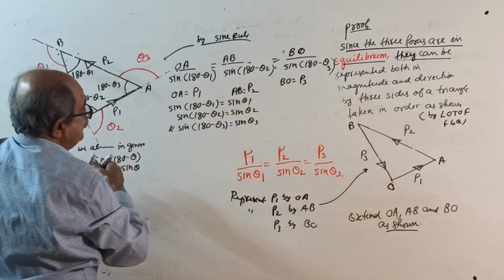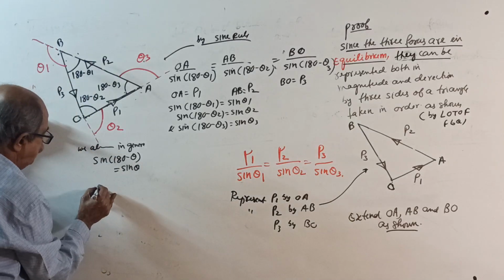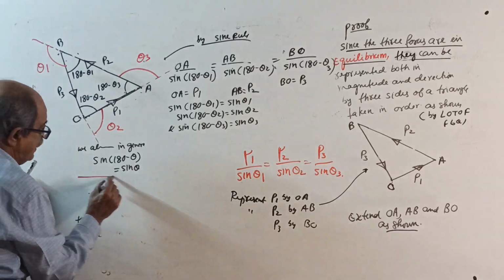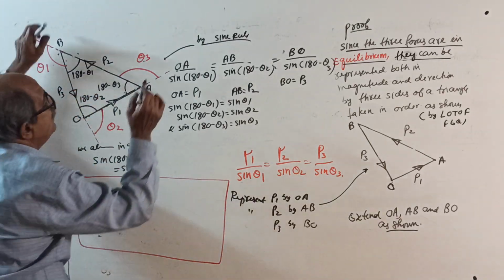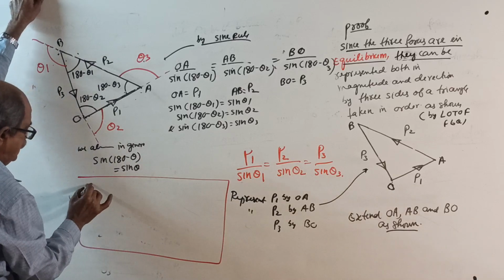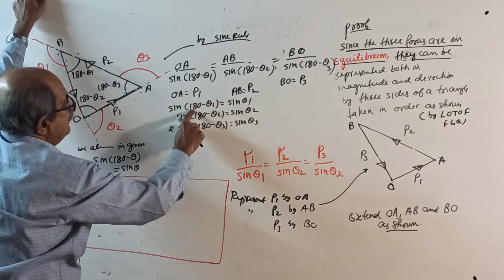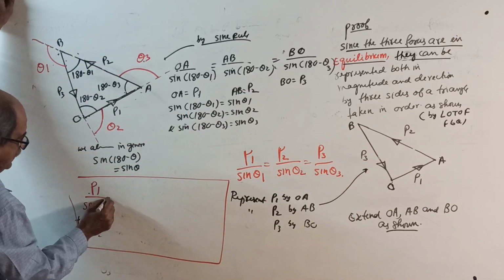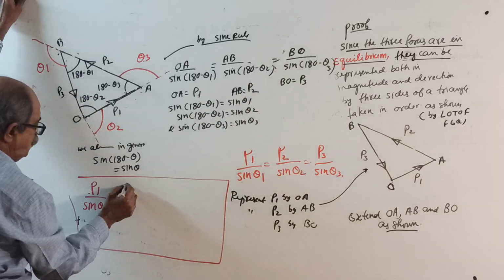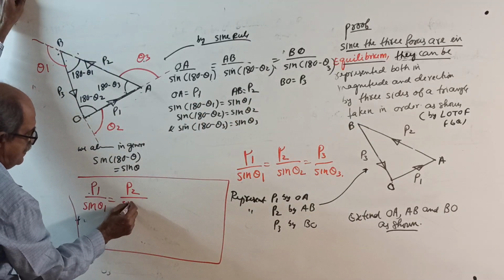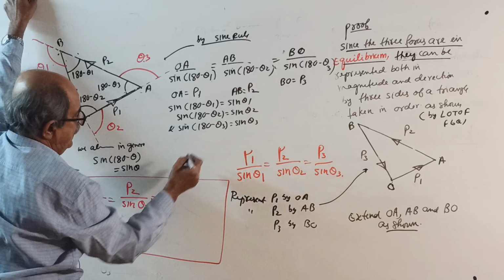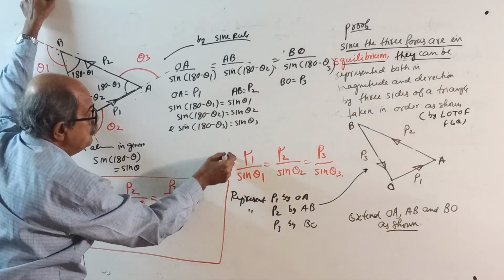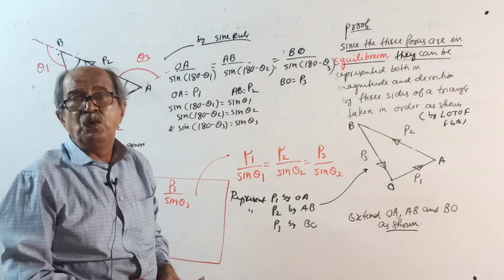Therefore, OA equal to P1, P1 by sine theta 1 equal to AB equal to P2, P2 by sine theta 2 equal to P3 by sine theta 3, which is what we have to prove.